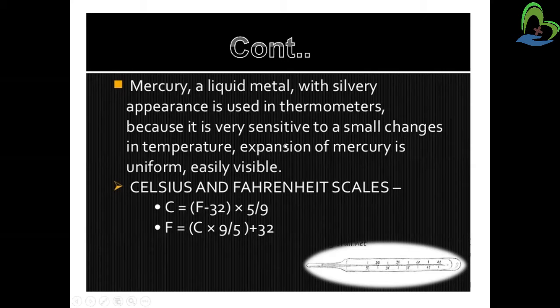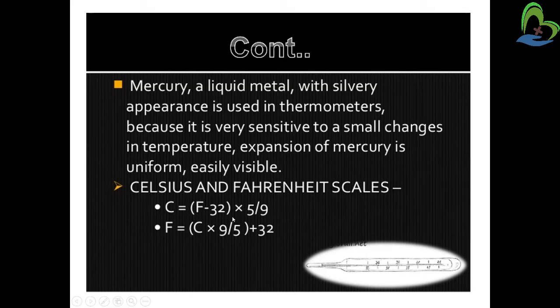It is sensitive to a small, minor fluctuation in temperature, so it is the best metal to assess the temperature accurately in this thermometer. The mercury is very visible, and there are the Celsius and Fahrenheit scales.